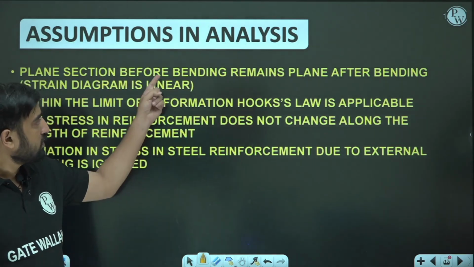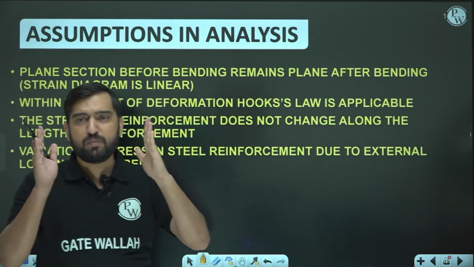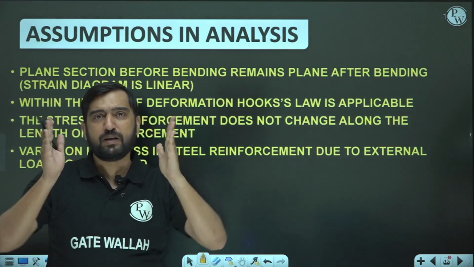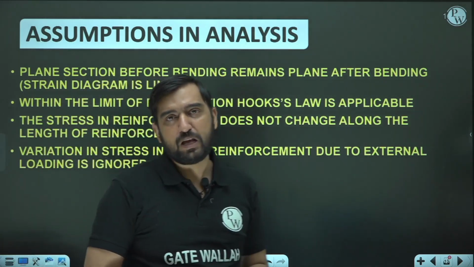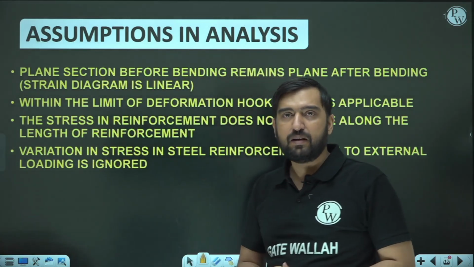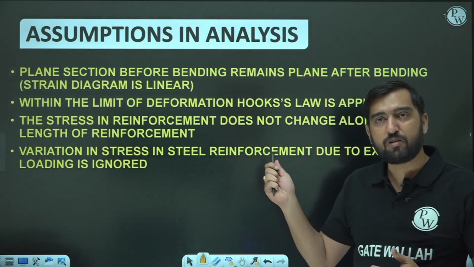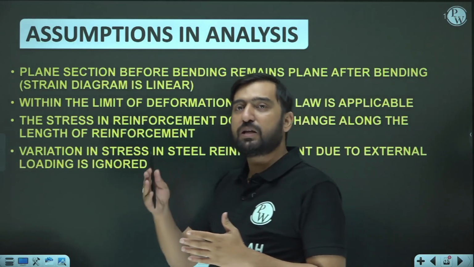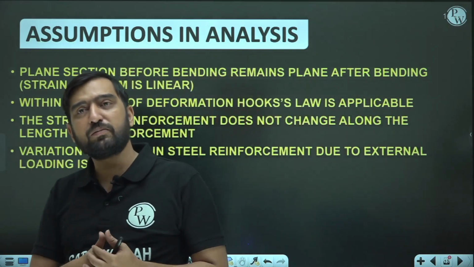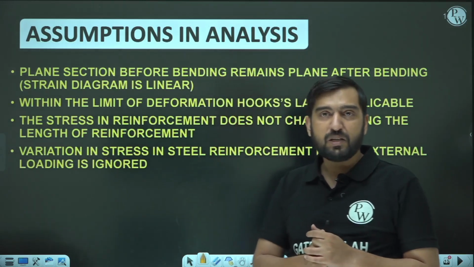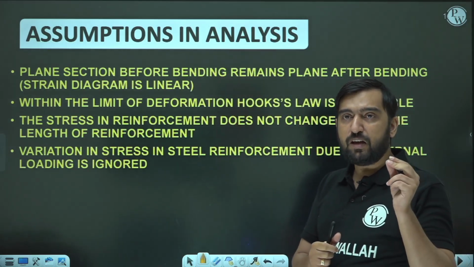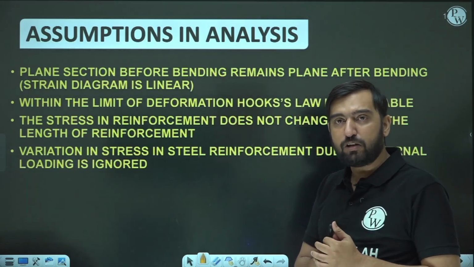See, first and second are clear: a plane section before bending will remain plane after bending, like in case of LSM, WSM, plastic, anything. And since the stress diagrams here are also linear, depending upon strain, both stress and strain diagrams are linear, meaning Hooke's law is valid. The third assumption is saying the stresses in the reinforcement do not change along the length of the reinforcement.